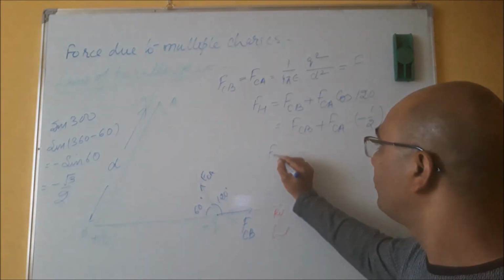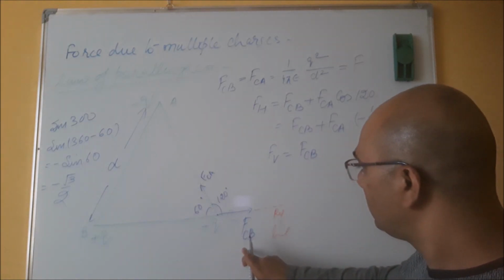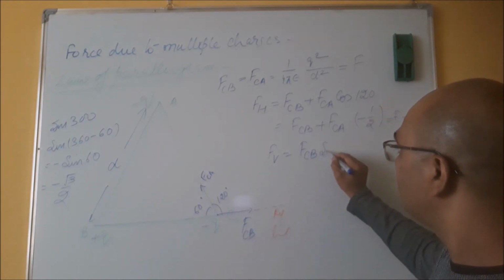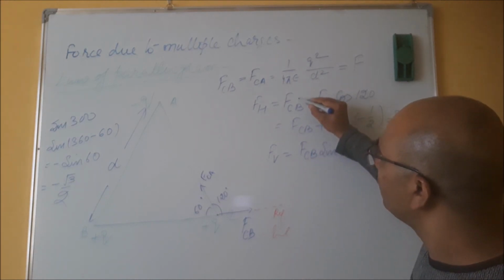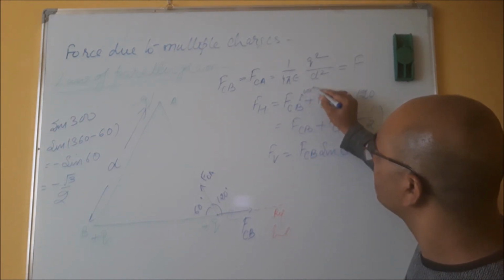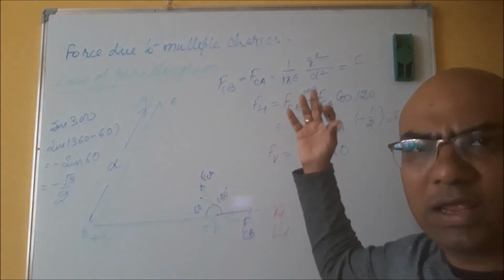Now find the vertical component. Again FCB cos 0, but since cos 0 is 1, I left that out.